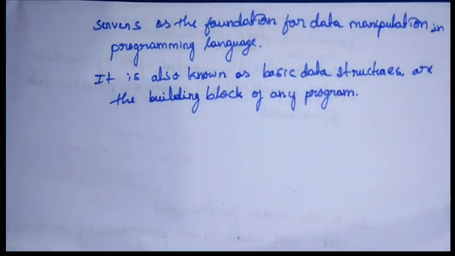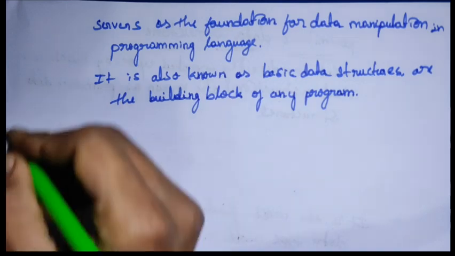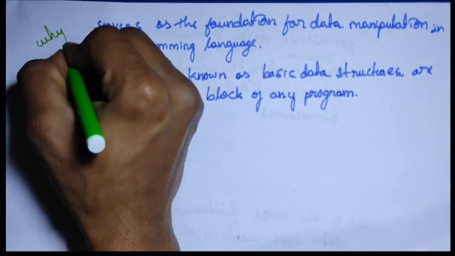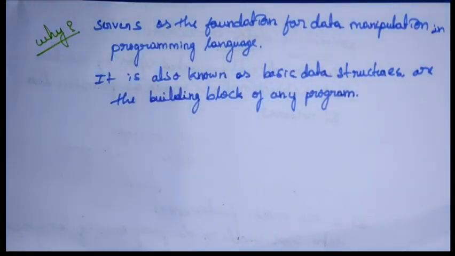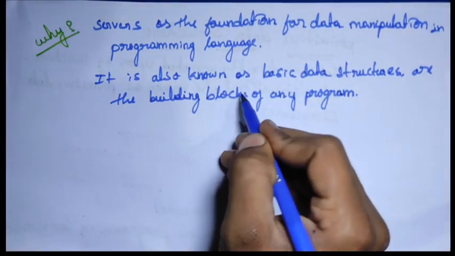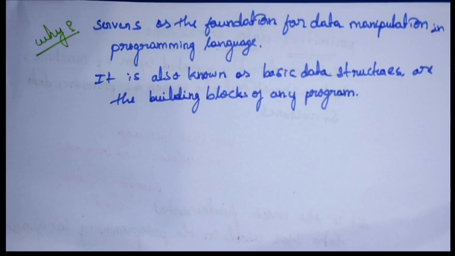So why do we need the primitive data structure? First, this data type serves as the foundation for data manipulation in a programming language. Second, it is also known as a basic data structure. These are all the building blocks of any program. So these are the reasons we are using the primitive data structure.